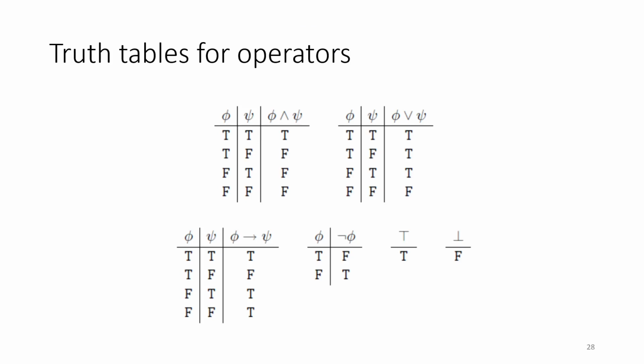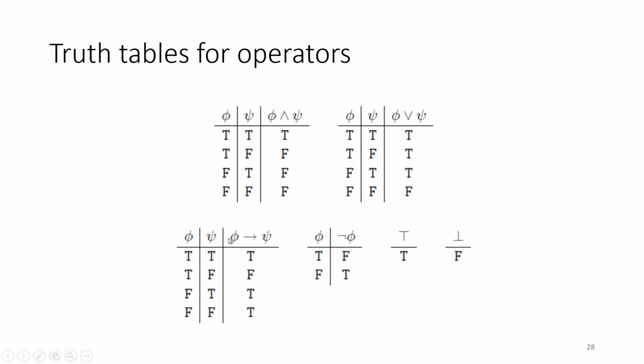Now, how do we usually define the operators? Maybe you've seen this before, truth tables. For the conjunction to be true, both left and right side have to be true. It's false otherwise, right? And for the disjunction, it's enough if one of them is true. Both of them true is also fine. But if both are false, then the operator will also evaluate false, right?